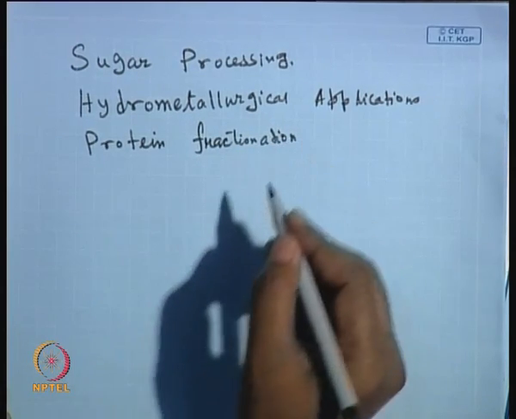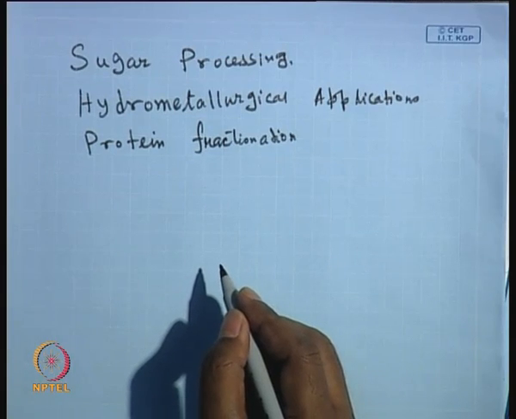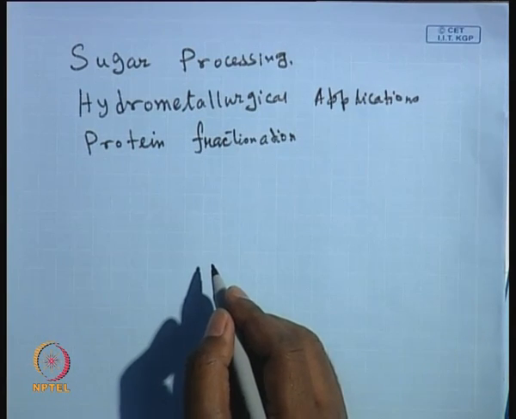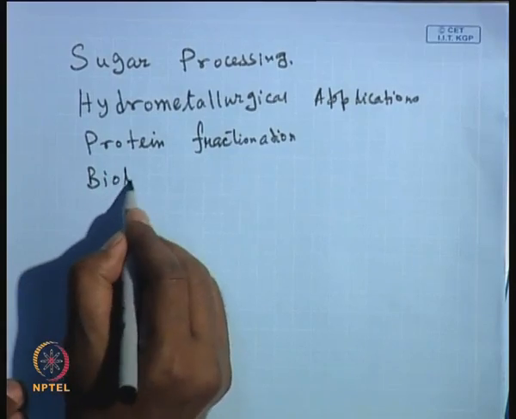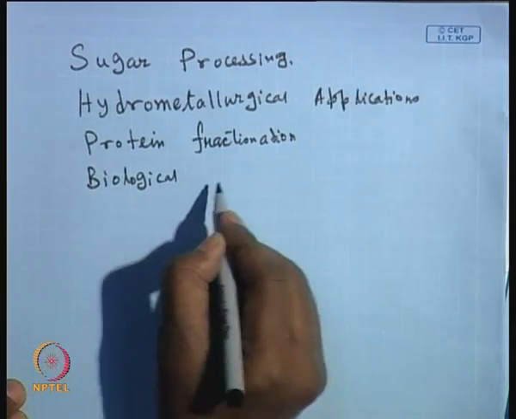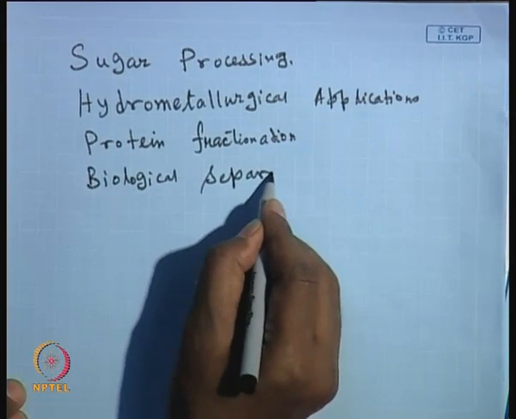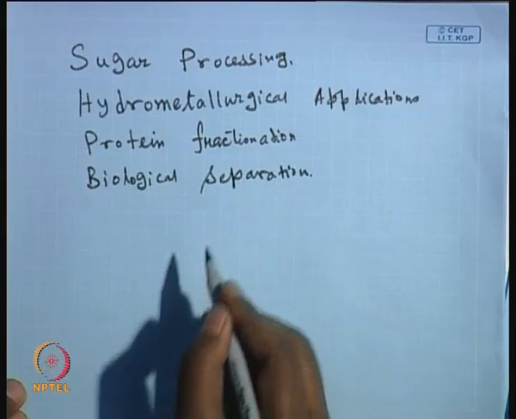Suppose you have a column which is specific to a particular protein from a mixture. So, that protein will go from the liquid stream to the solid stream. So, the protein will be fractionated. Biological separation, and so on and so forth.